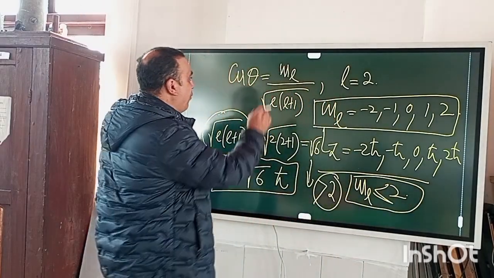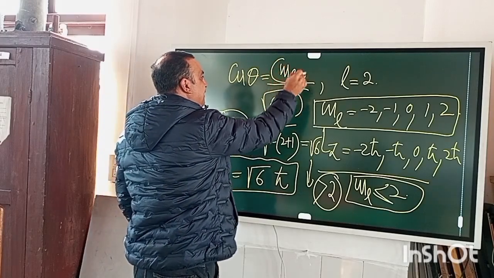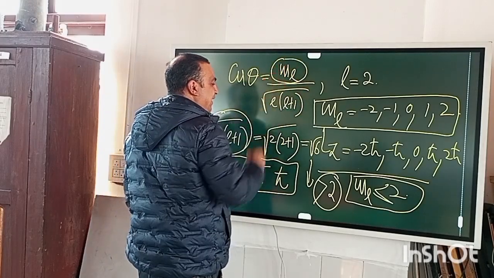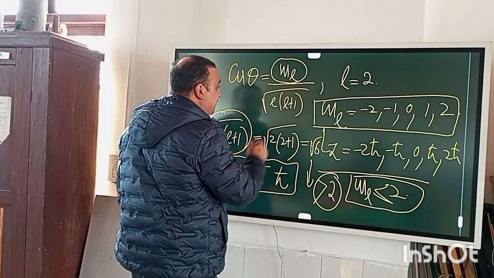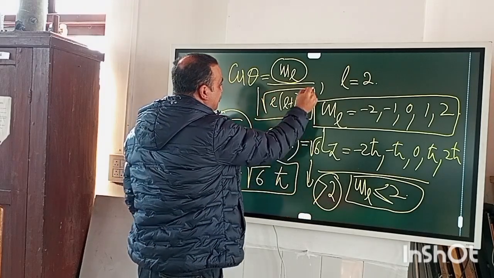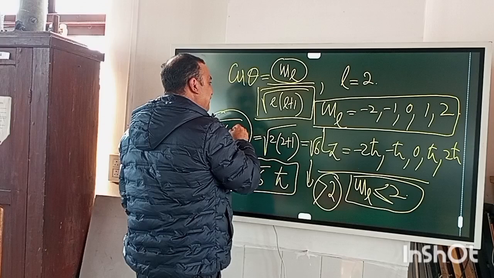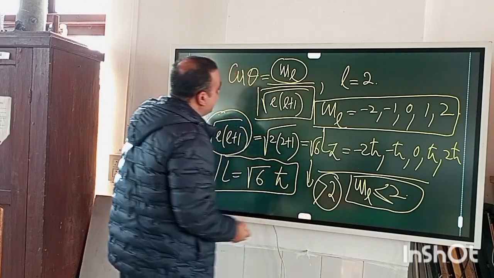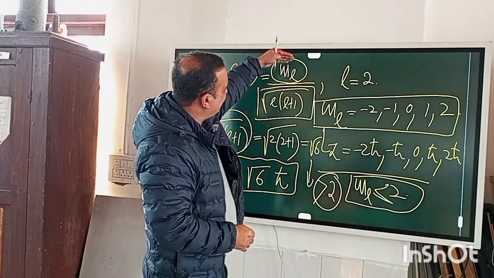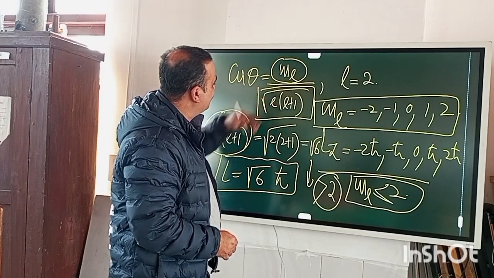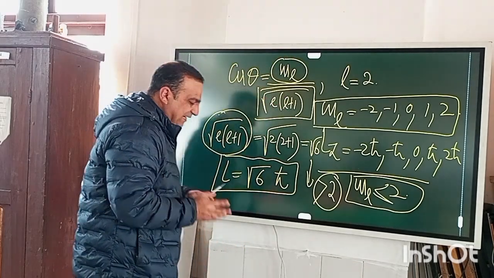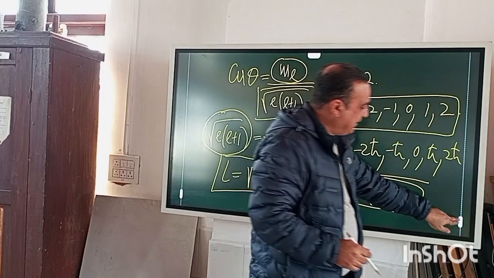So we have a numerator that is at most 2, and a denominator that is greater than 2.